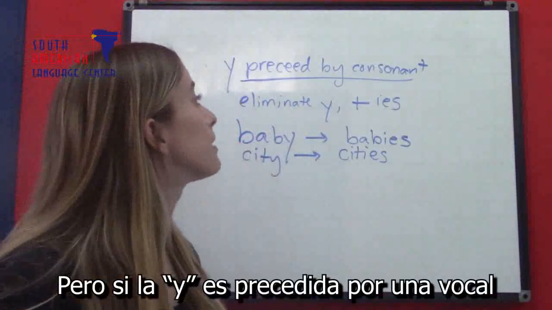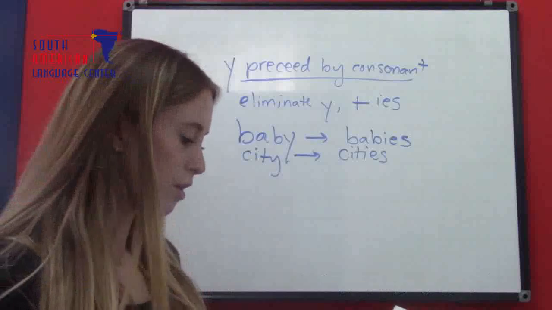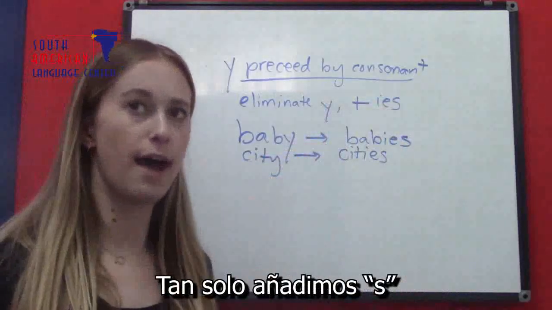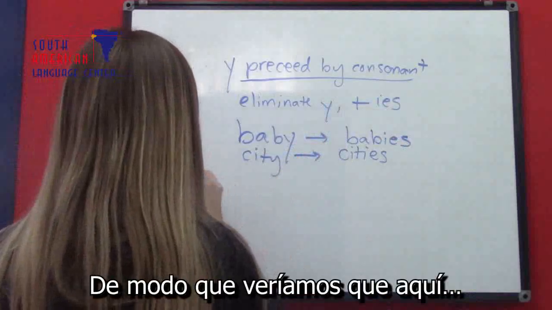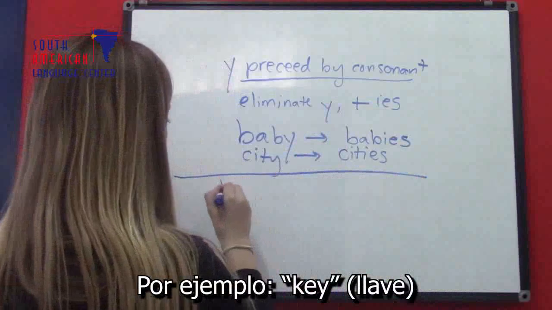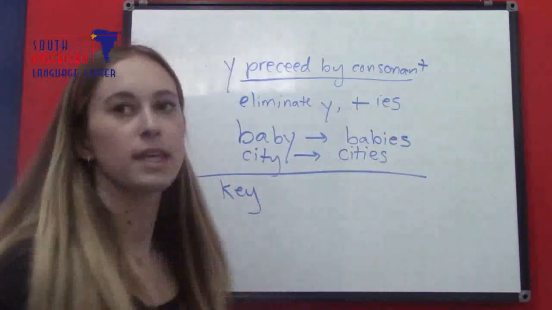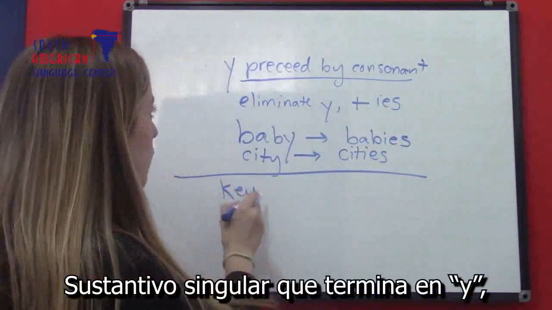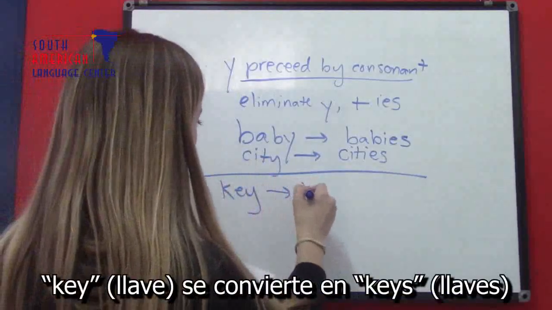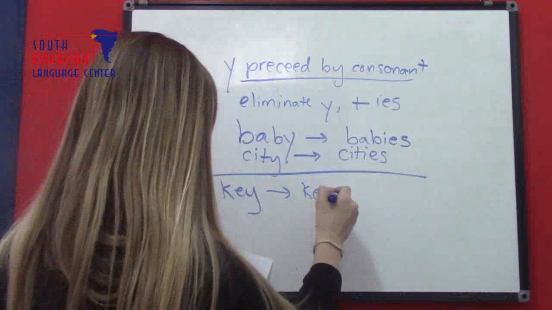But if the Y is preceded by a vowel, we just add S. We don't have to do anything with IES, we just add S. So we'll see that here. For example, key, singular noun ending in a Y preceded by a vowel. Key becomes keys.